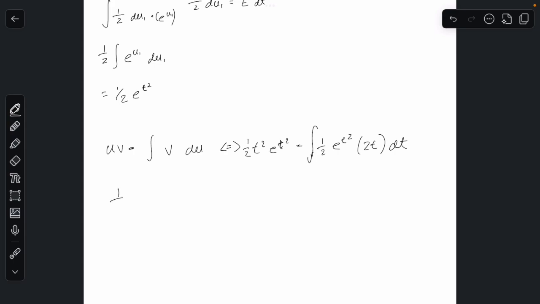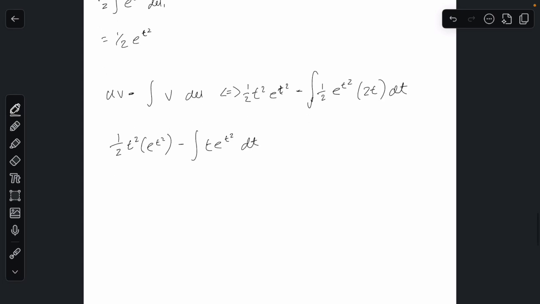So what do we get? That's a half t squared times e to the t squared minus the integral of t squared dt.